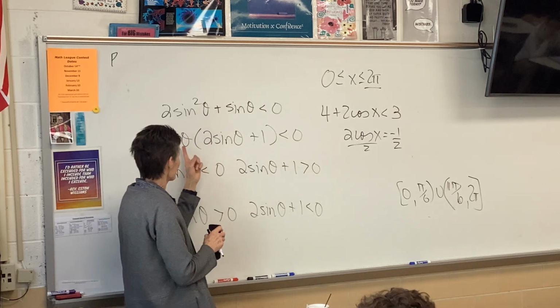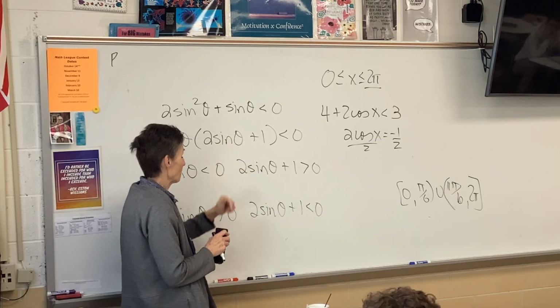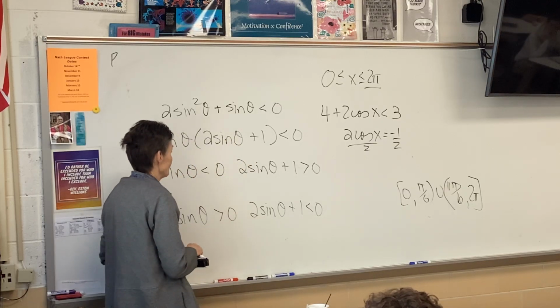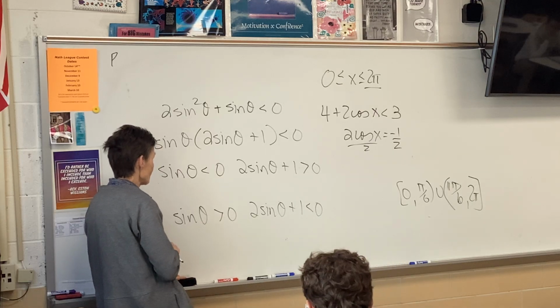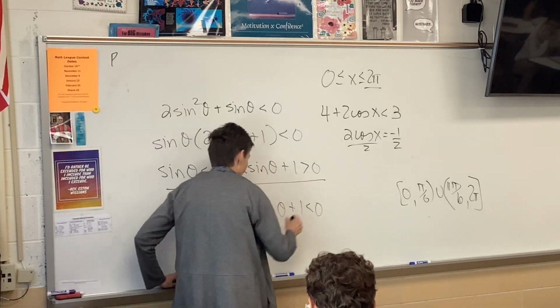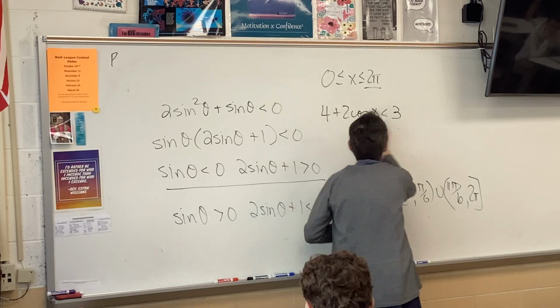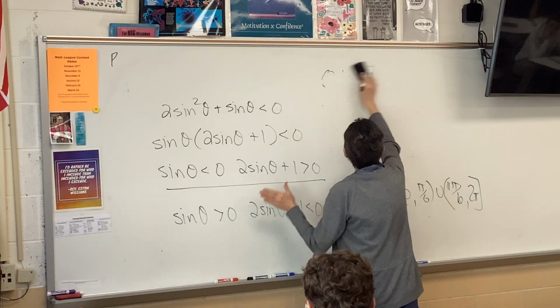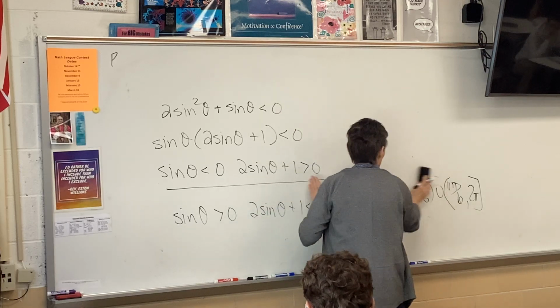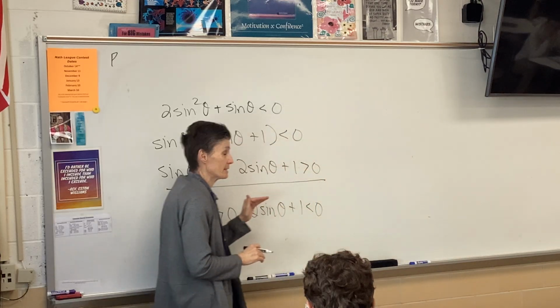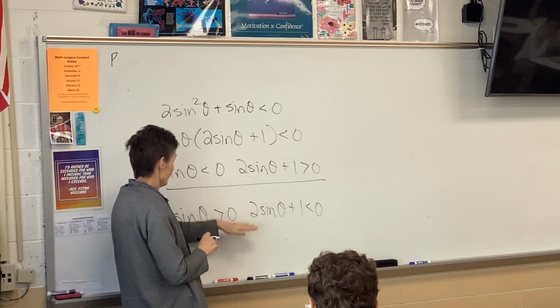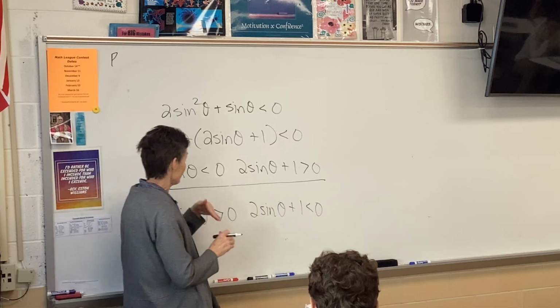You gotta think about what's going on. Okay, let's look at this situation first. These are 2 separate situations. This one and this one. So we're gonna do this one first.